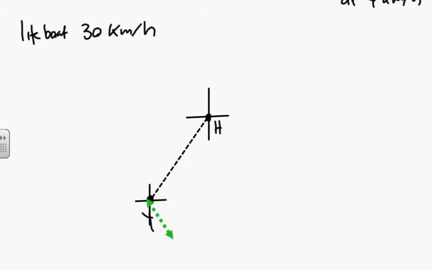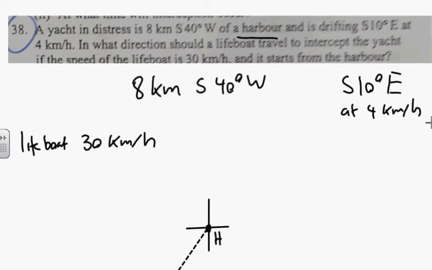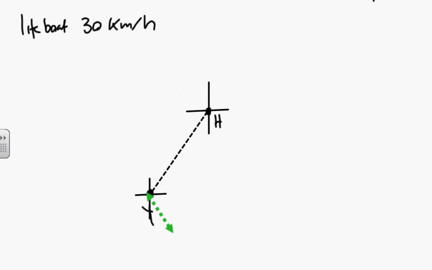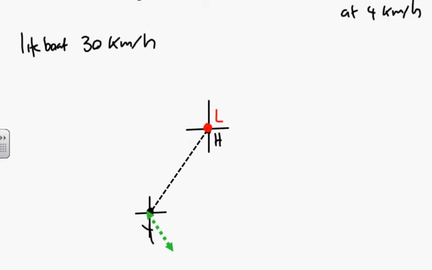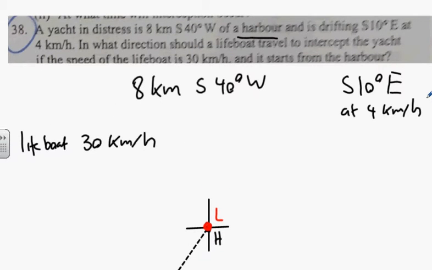Okay? And then in what direction should the lifeboat travel? The lifeboat itself will be starting where the harbour was. Okay? And because it specifies that there's an intercept, what's the only way there's an intercept?